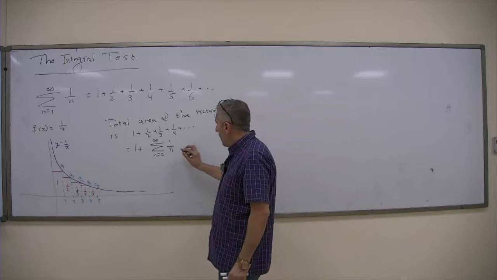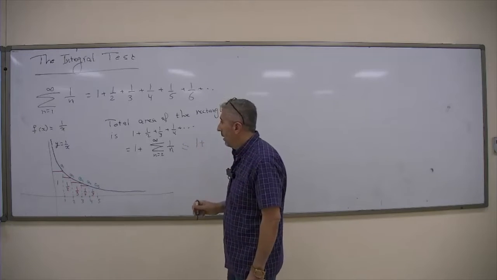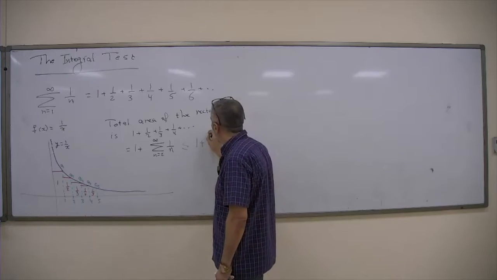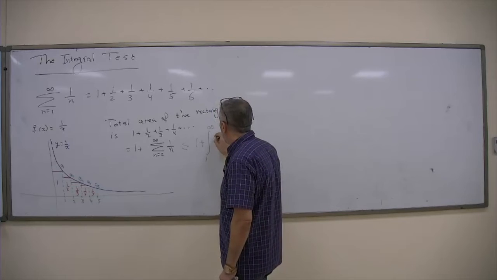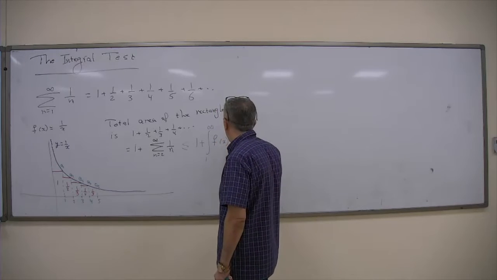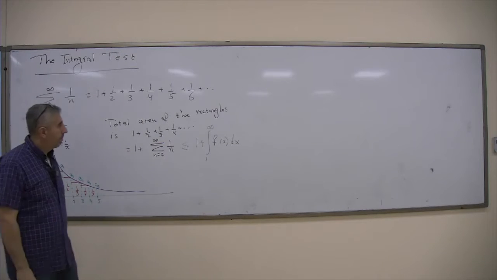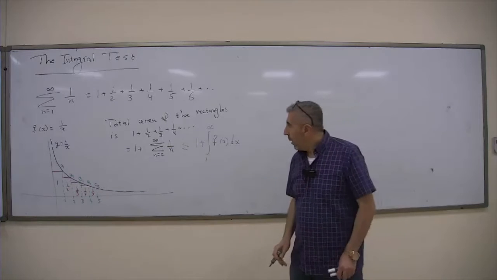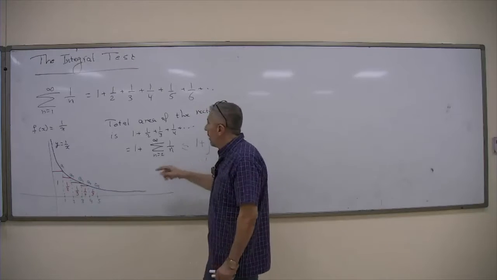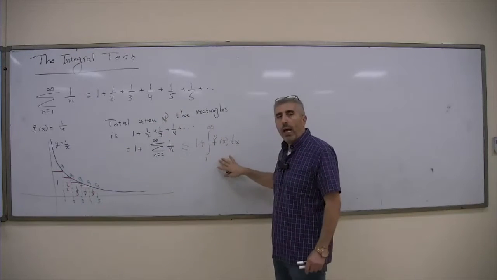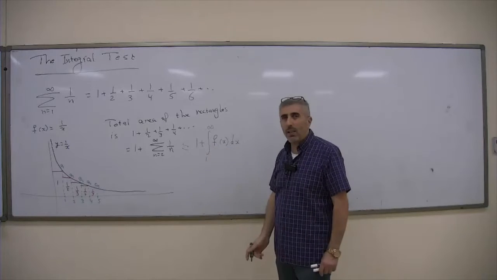So this is going to be smaller than or equal to 1 plus integral from 1 to infinity f of x dx. Am I correct? Well, that is not going to help us here. Why? Because we know this integral, when you take 1 over x, is going to be a divergent integral, correct? So this inequality does not help us here.